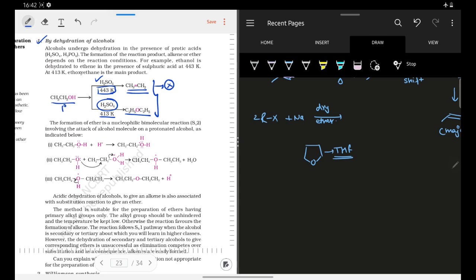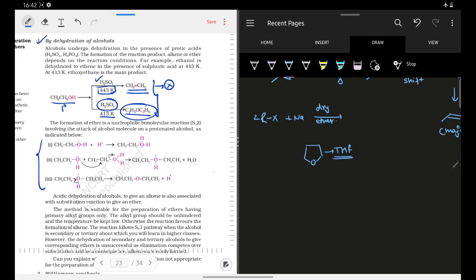Because it can lead to a mixture of products, right? The aim of a reaction is always to obtain one product in exclusive amount. But here you are obtaining 2 different products. So let us look at how this ether product is formed.